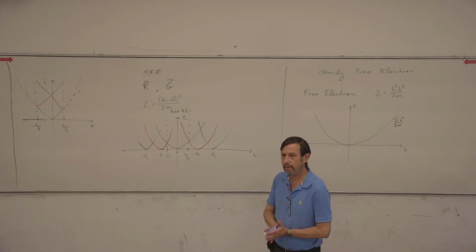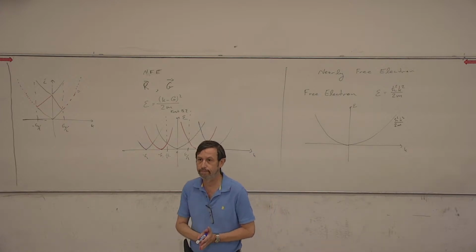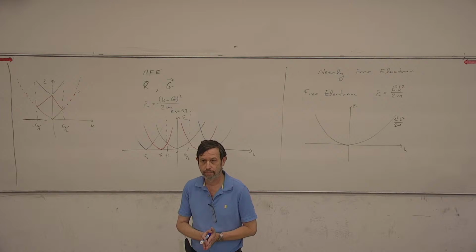When do I have the largest influence of a perturbation? Largest influence? Yeah. So the edge of it? Yeah, but how do you call these edges? The edge of the Brillouin zone? And the Fermi zone. Degeneracy. At points of degeneracy.